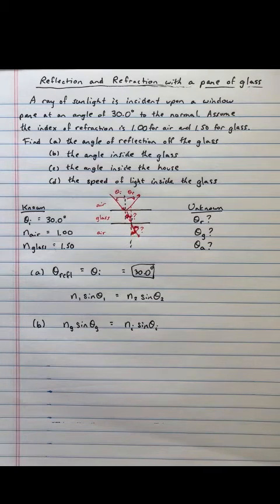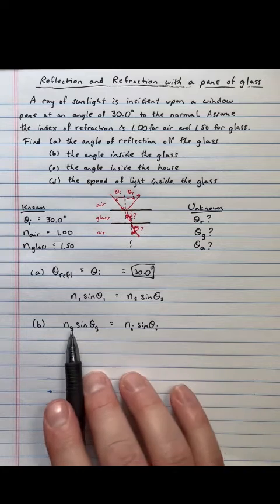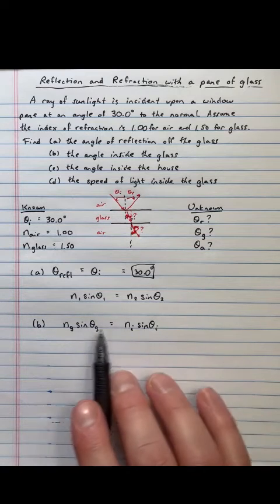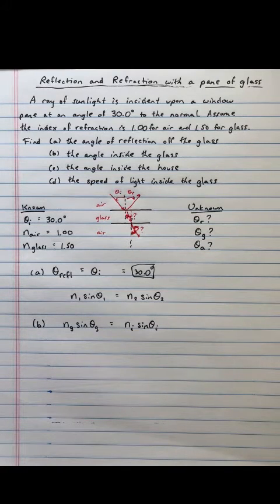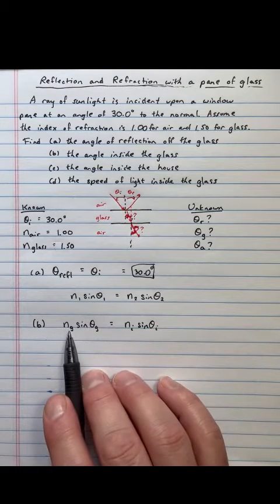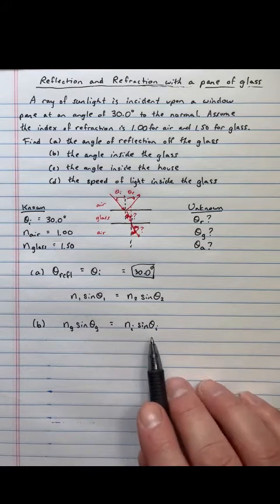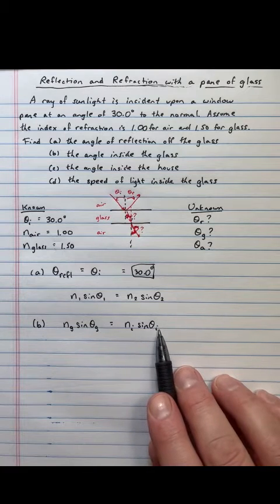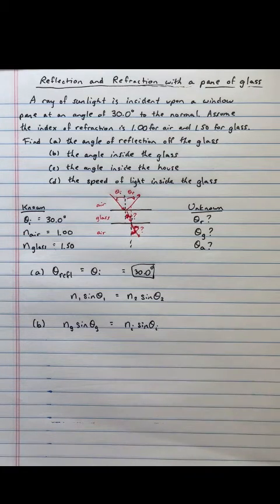I'm going to write it this way to illustrate how that works. If you look carefully, it doesn't matter which side I put the G's and the I's on. It doesn't make any difference. The thing that you have to do is make sure that like goes with like. So glass and glass together here, incoming ray here. You have to have it set up that way.